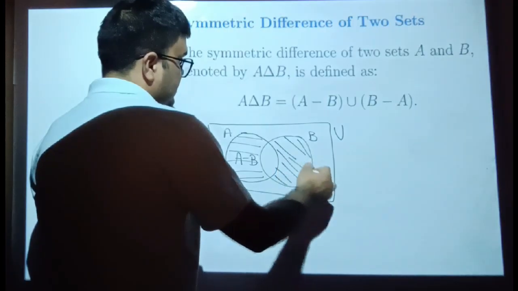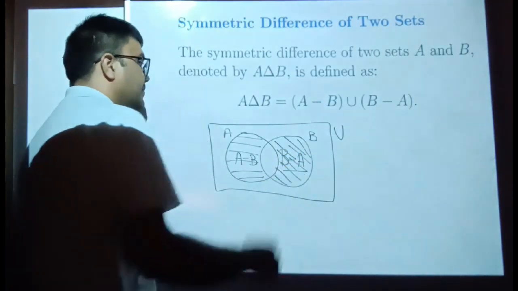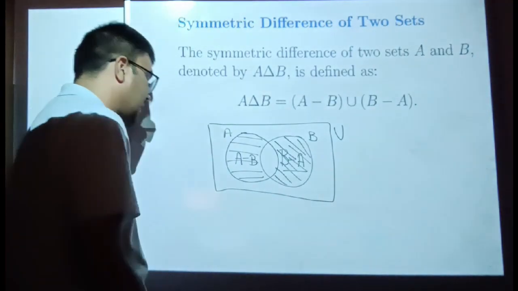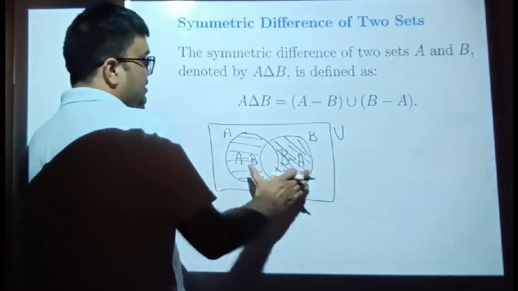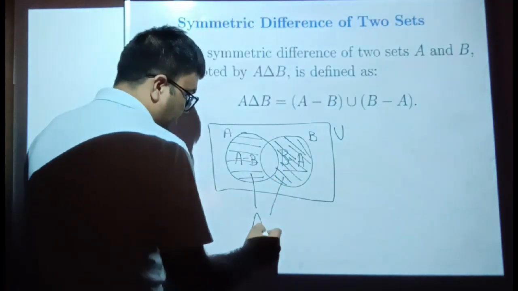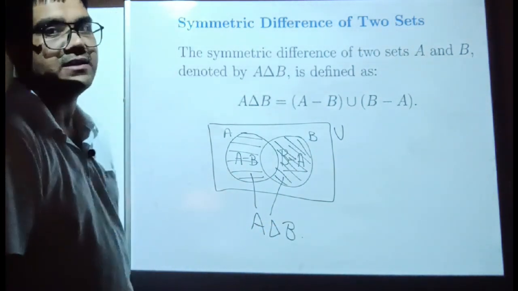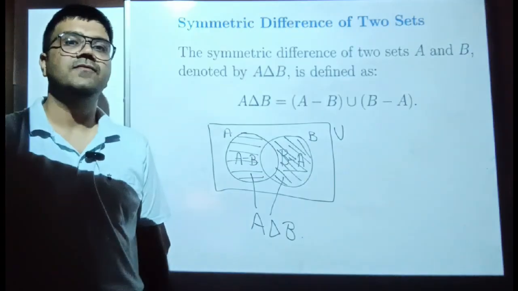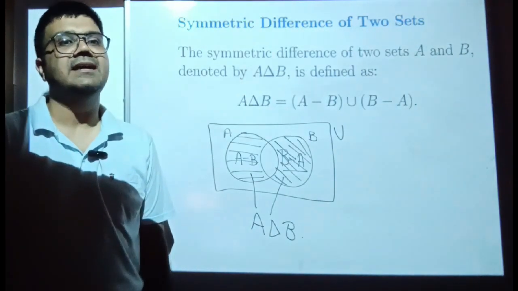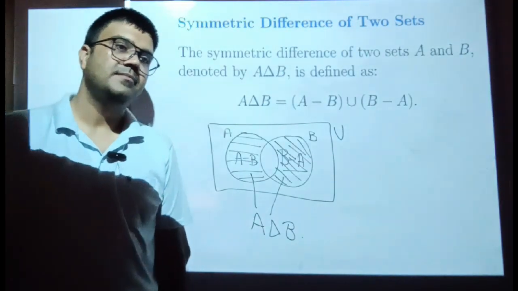This region is B minus A. From B we have removed the elements common with A. The union of both these is the symmetric difference. The union of A minus B and B minus A is the symmetric difference of A and B.